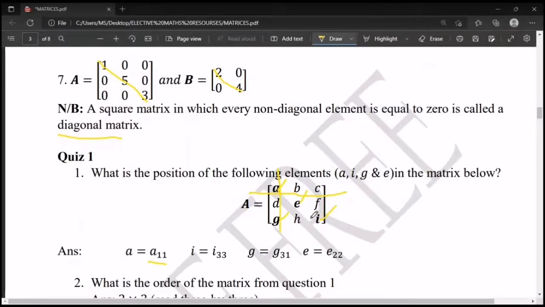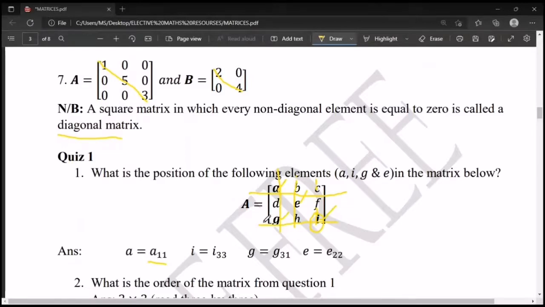This is I over here. What is the row? Row 1, row 2, row 3. So I is at row 3. Then what column? Column 1, column 2, column 3. So the position of I is row 3, column 3.